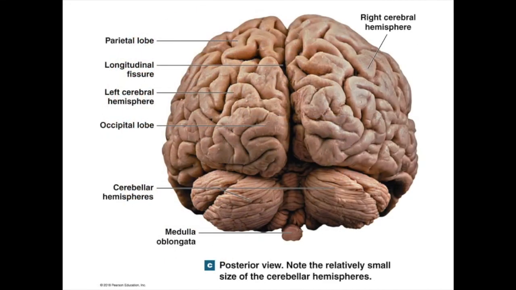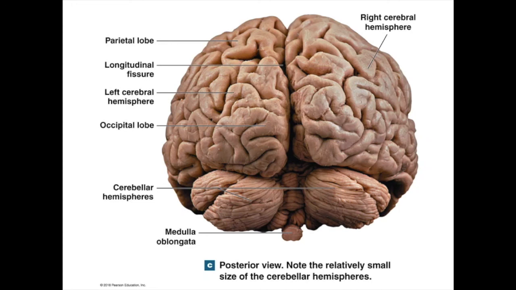In a posterior view, you see the occipital lobes, and underneath the occipital lobes, you see the cerebellum. Note that the cerebellum also has hemispheres. So you have a right cerebral hemisphere, cerebrum, but the cerebellum has cerebellar hemispheres.